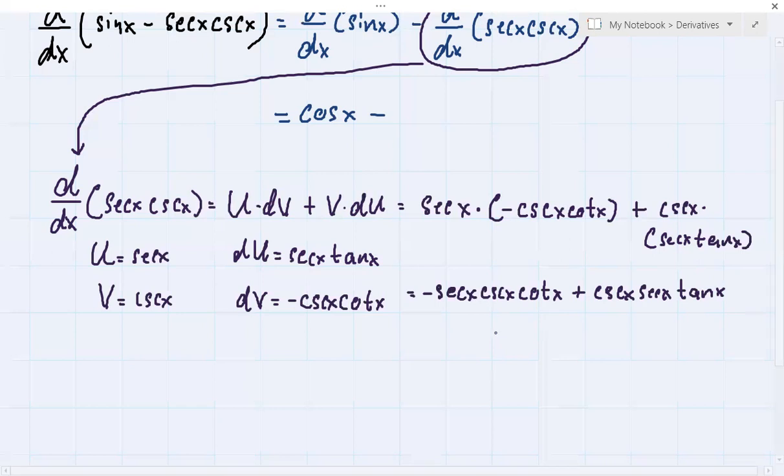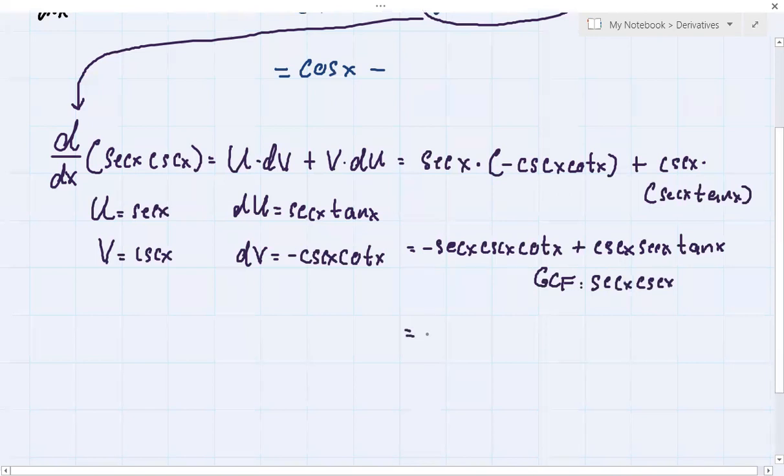In here, I can actually simplify this further to avoid confusion. I can simply bring out secant x and cosecant x, since both of these terms are divisible by secant x cosecant x, and that is the greatest common factor of the two.